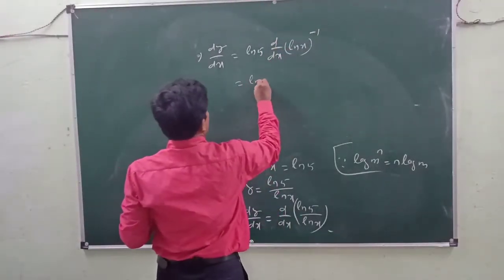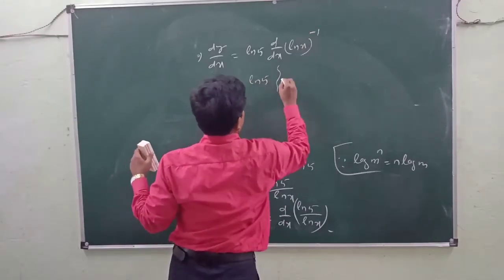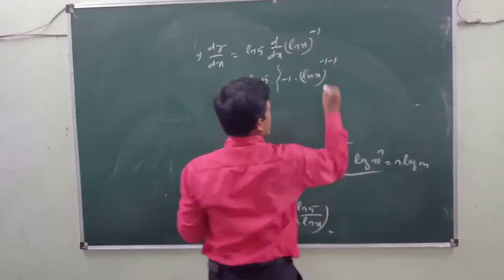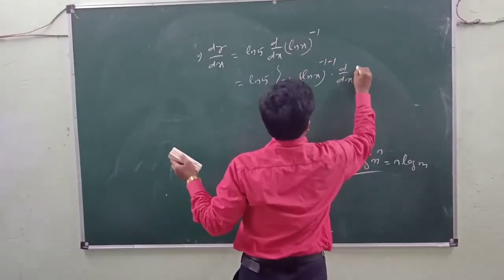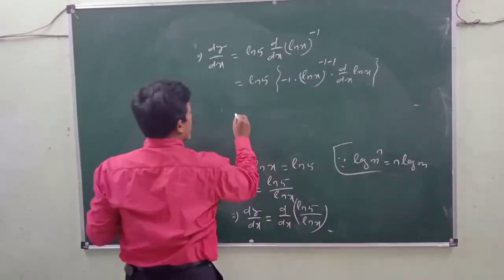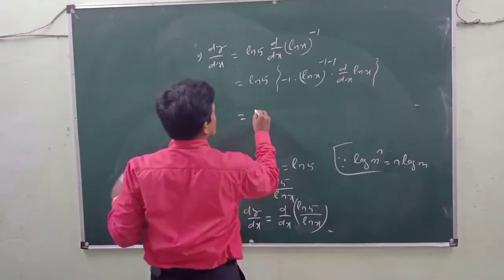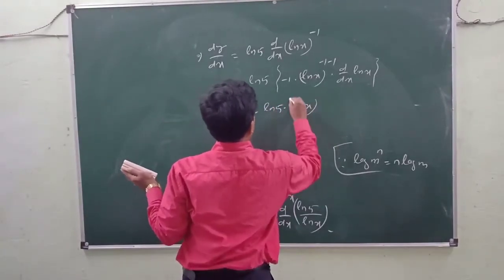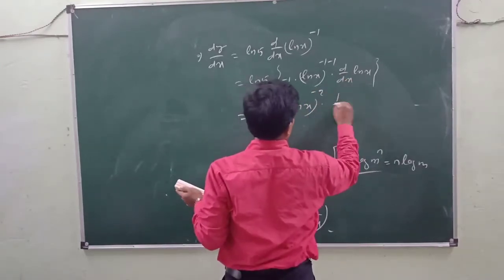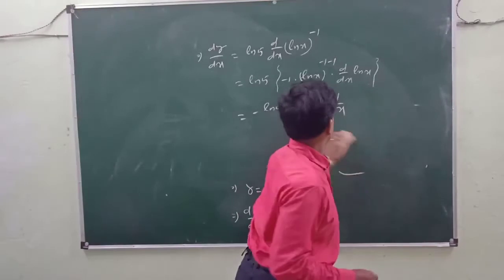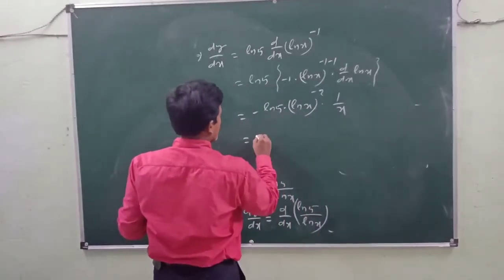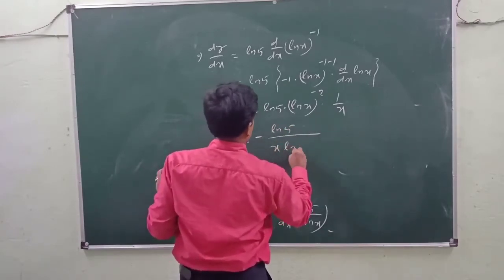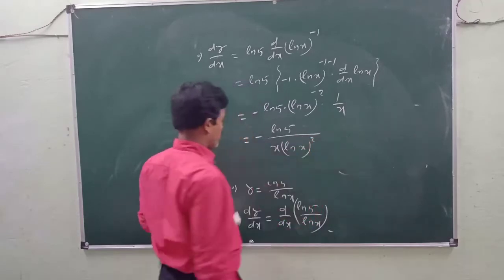So it will be ln 5 then n into f of x to the power n minus 1 into the derivative of f of x. Here it is negative, so the total value will be minus ln 5 into ln x to the power minus 2 into the derivative of ln x, which is 1 by x. After simplification, you write that equals minus ln 5 divided by x into ln x whole square. This will be the answer.